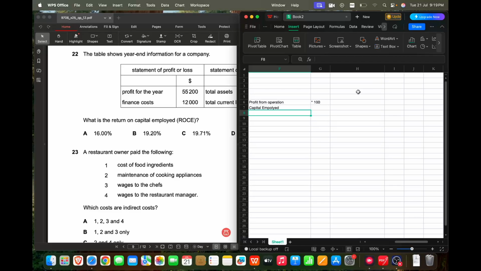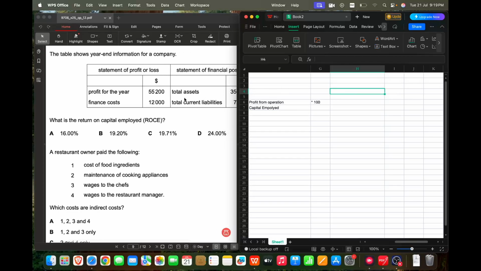If you prepare a statement of profit and loss account, you have profit for the year here, which is 55,200. And then we have profit from operation somewhere here. Profit from operation we don't know for now, but from this amount we subtracted interest and tax.